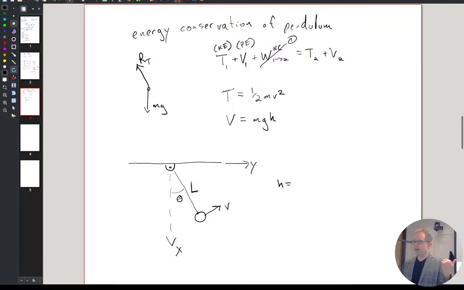So I have theta as a function of time. My L is constant. What is my h value? How much potential energy do I have?